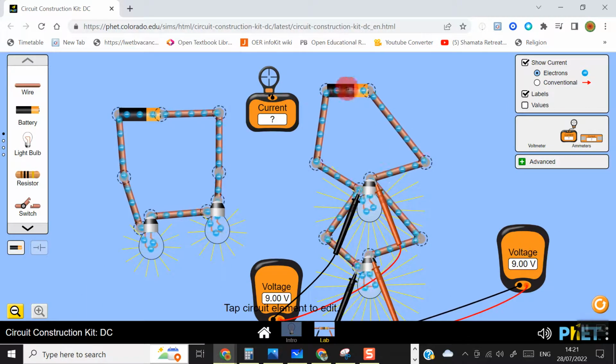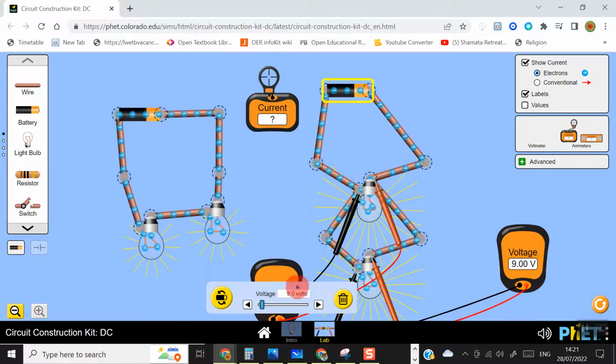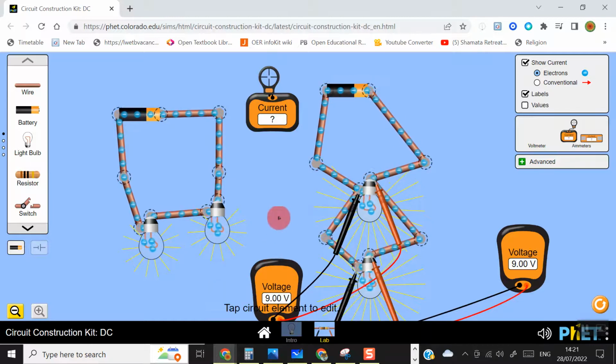Okay, so the battery is 9 volts, as we can see, and when you wire it up like this, each light is going to get the full energy, if you like, or potential energy from the battery. Okay, when they're wired up like this.